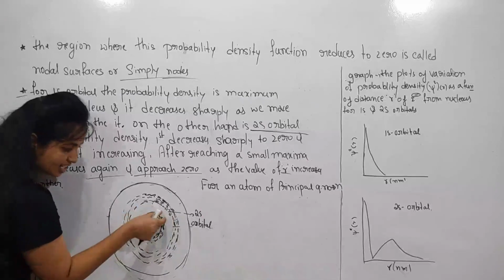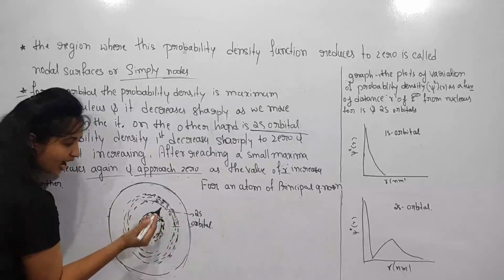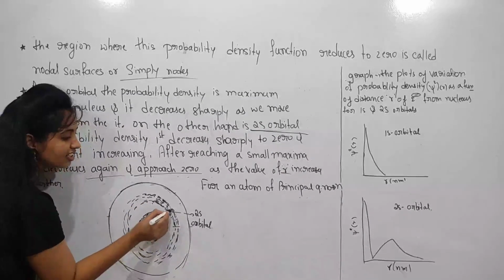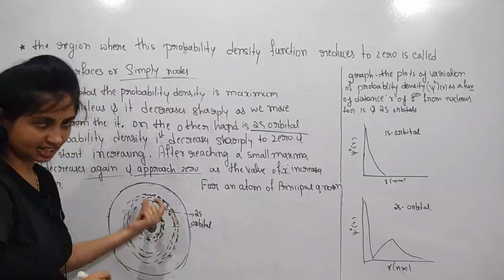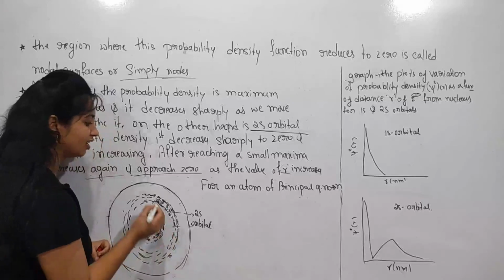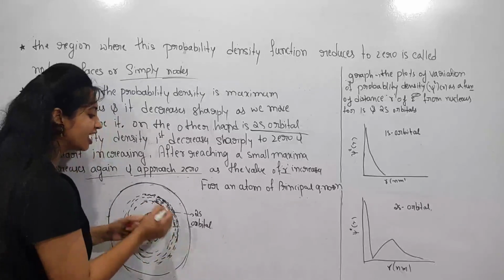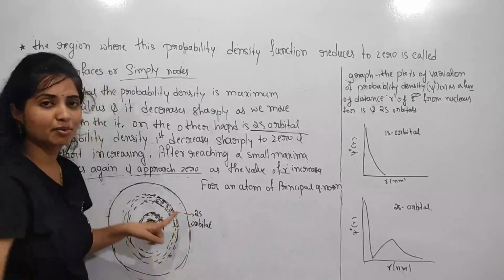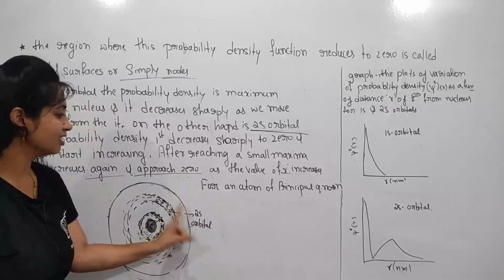As we move away from the nucleus, we get some density. It increases, and after reaching a small maximum, it decreases again and approaches 0.